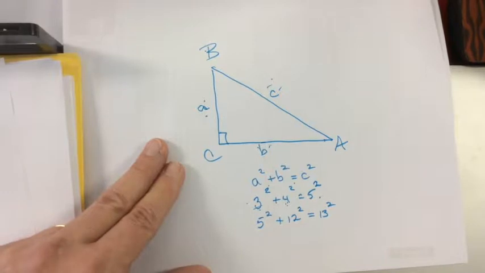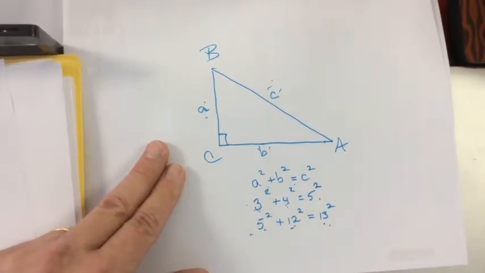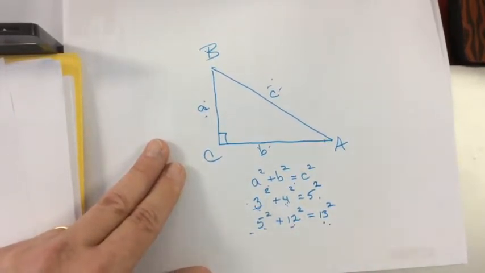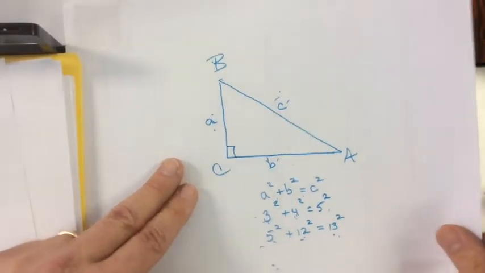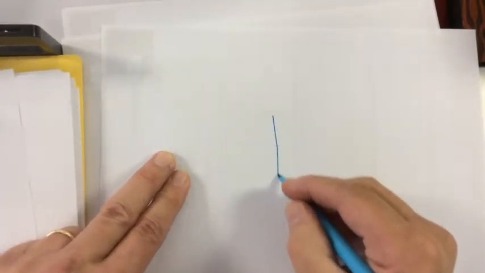So 5, 12, and 13 would be a Pythagorean triple. In other words, if you know that the sides are those lengths, you know you have a right triangle. Otherwise, you've got to wind up doing some work and using radicals, but we've certainly talked about that enough. Of course, all of that requires work, and in mathematics, when we can do something that doesn't require work, we consider that special.